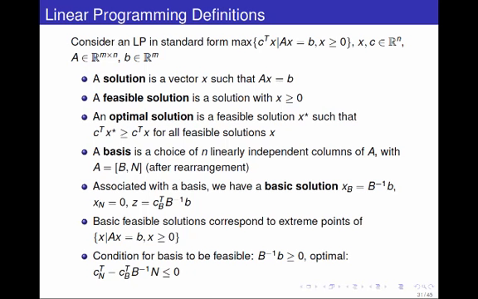The non-basic variables go away, and if we know B is invertible, and if B inverse b is non-negative, we know that in addition to satisfying the equality constraints, it's also what the book refers to as feasible. So provided that B inverse b is non-negative, we know that it satisfies Ax equals b and is also non-negative, because we know all the x_N's are 0. Okay? Now, when is it optimal?